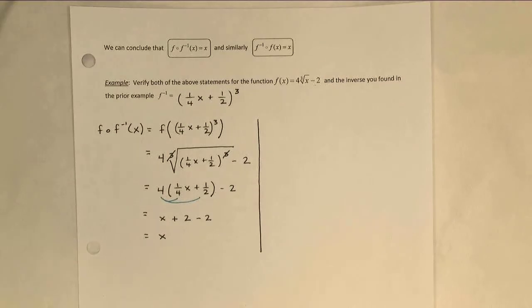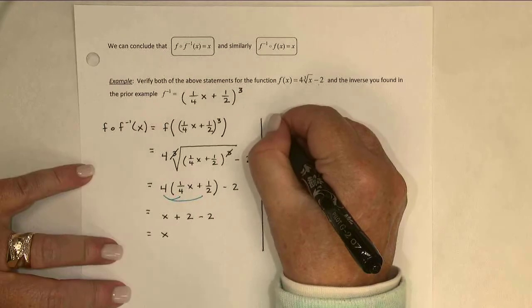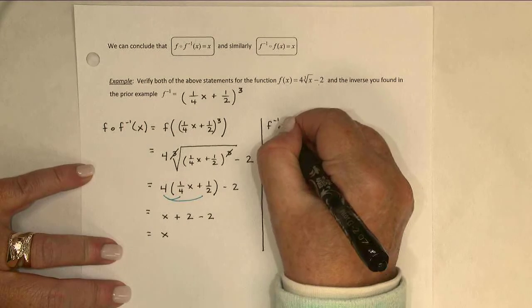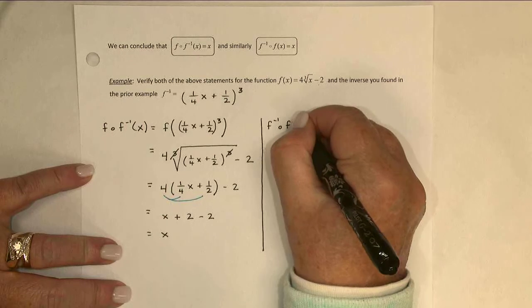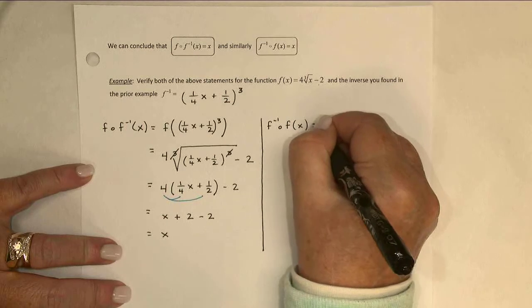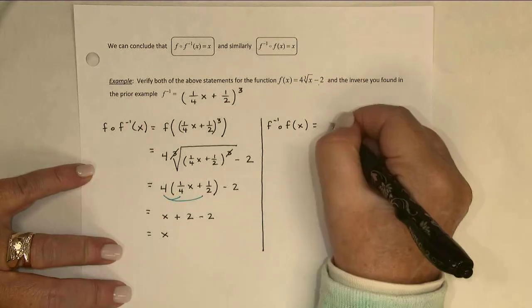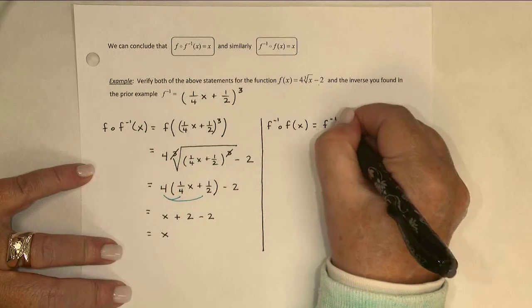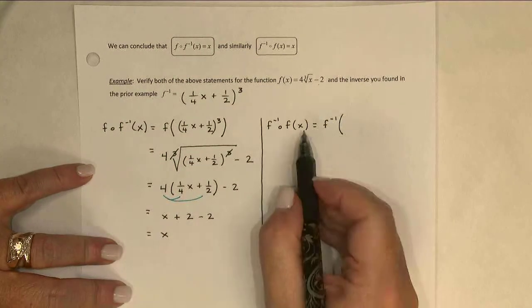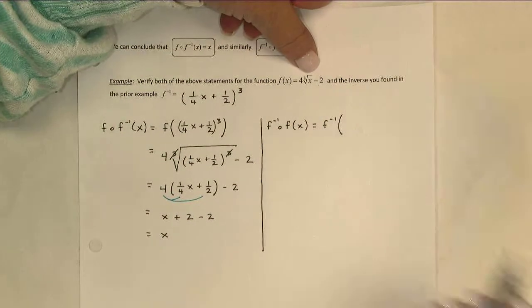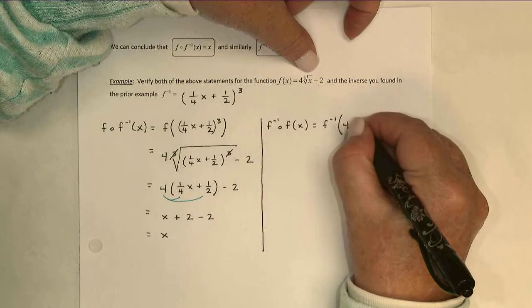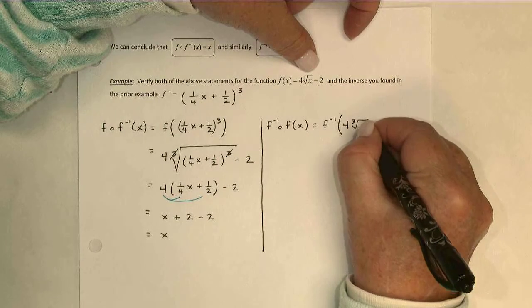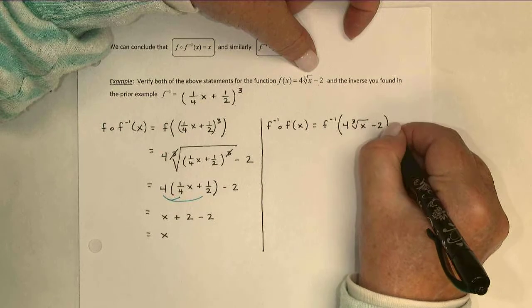Let's try it the other way. Let's take f inverse composed with f of x, which would be f inverse of f itself, 4 cube root of x minus 2.